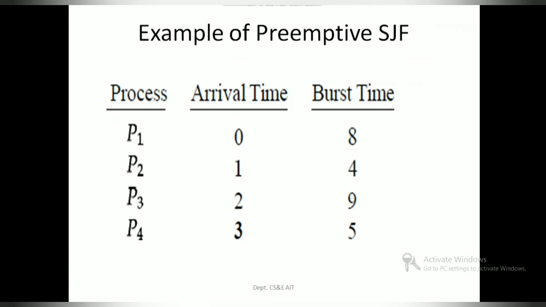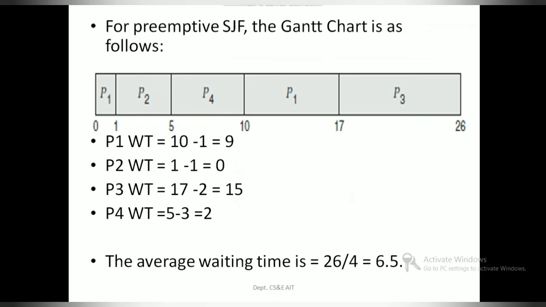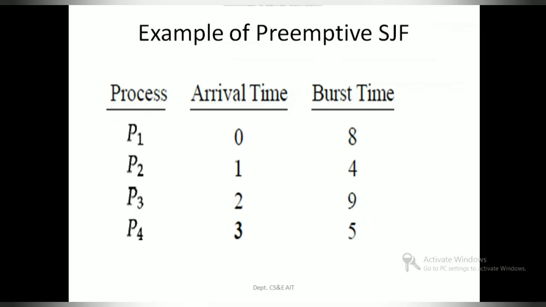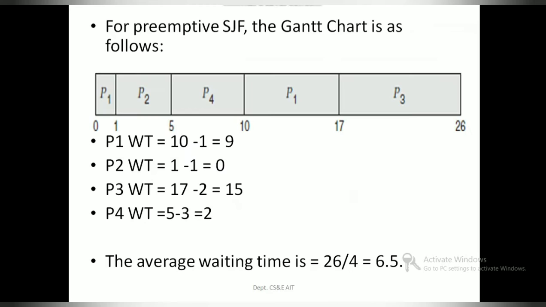The very first process I have is P1 and the arrival time is 0. That is at time 0, the only process in the system. So P1 has executed for 1 millisecond, after which another process, say process P2, arrives in the system. You can see there.